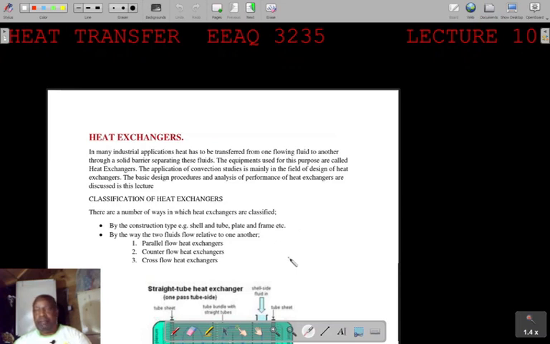So we have fluids flowing in the same direction relative to one another, and these types of heat exchangers are called parallel flow heat exchangers. If one of the flows is reversed, then we have a counterflow heat exchanger.